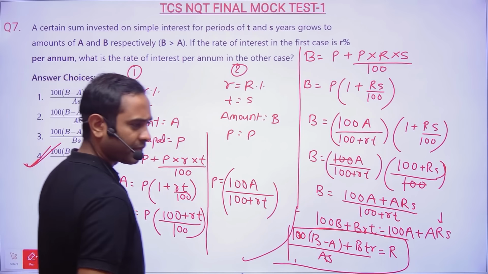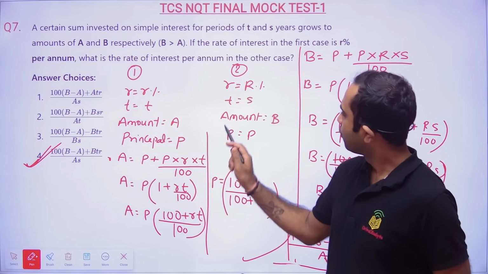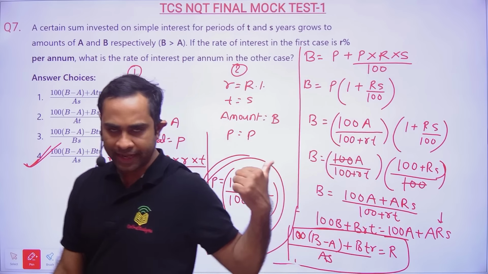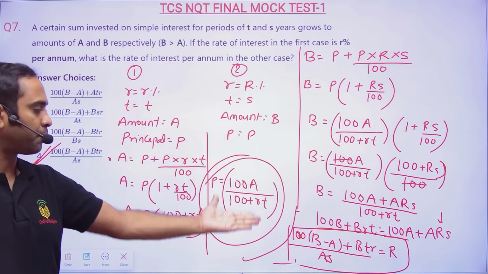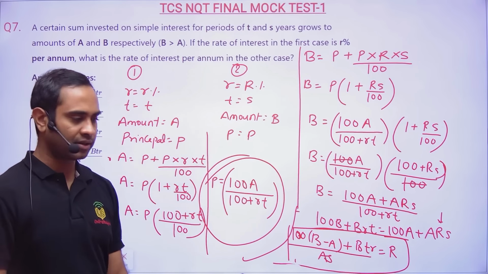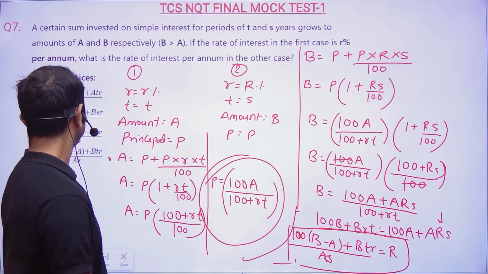Got it, right. So basically what we did is we calculated principal from here, and in the next equation I have just put principal there, and we were able to get the solution. Clear? Okay, cool.